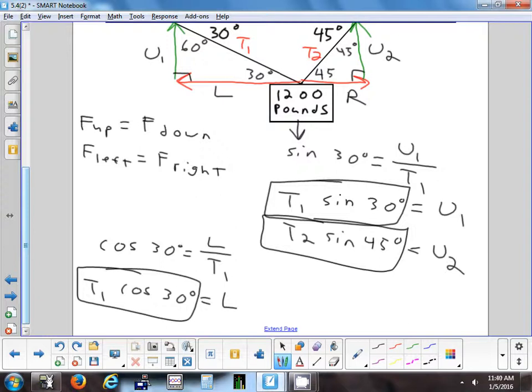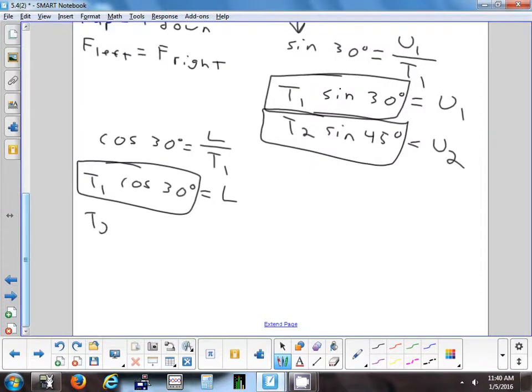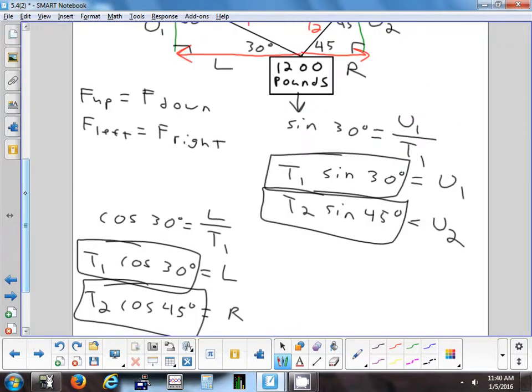Okay, and what about my force right? T2 cosine 45. Yep. Okay, so I got left, I got right, so I can balance that. I've got up, and I've got down.